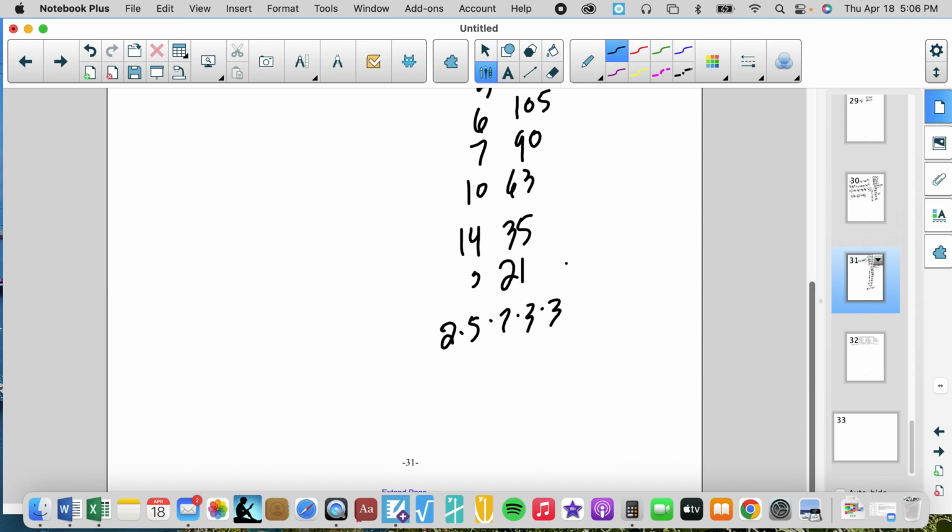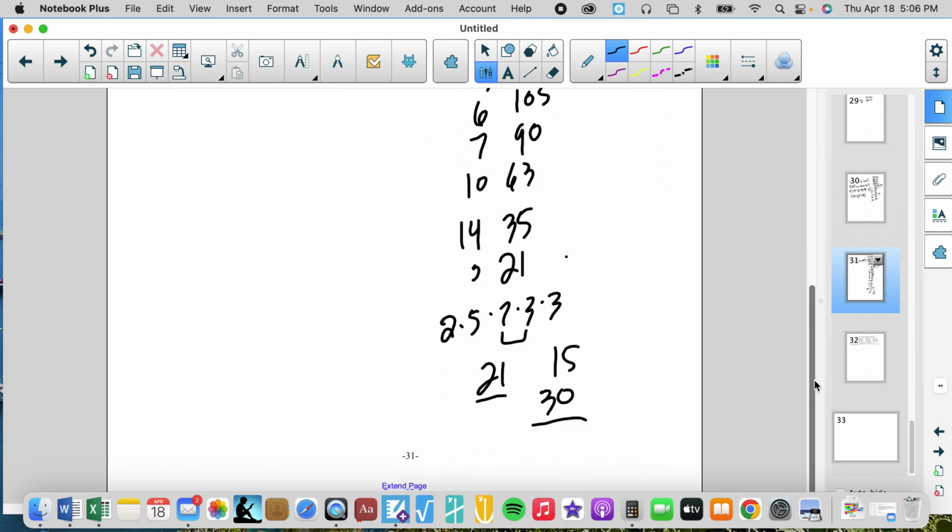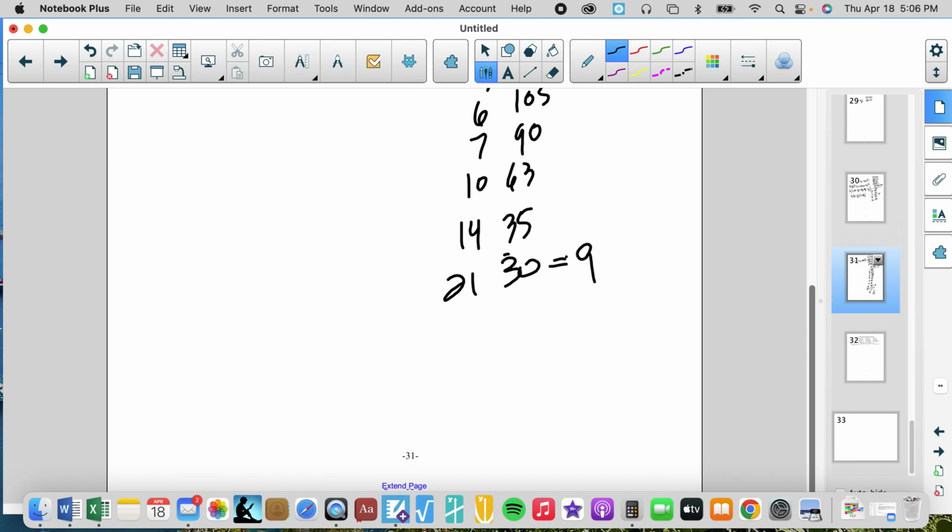So we can do 21 and 30. So 21 times 30 is 9 away from each other. Oh my gosh, 21 and 30. So this is 9 away, so we got one more increment to go to get closer to 7.